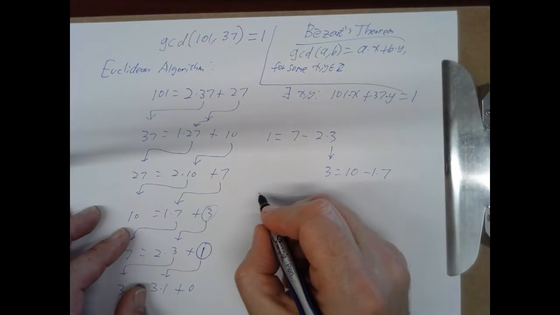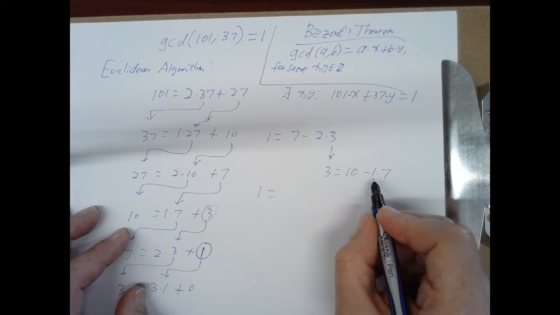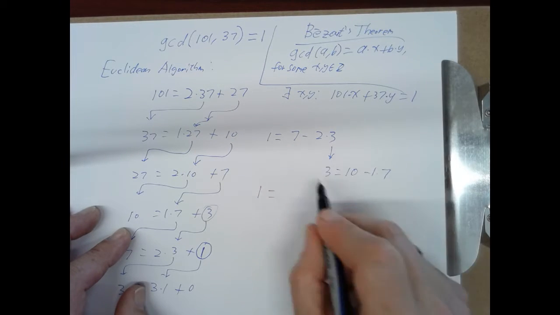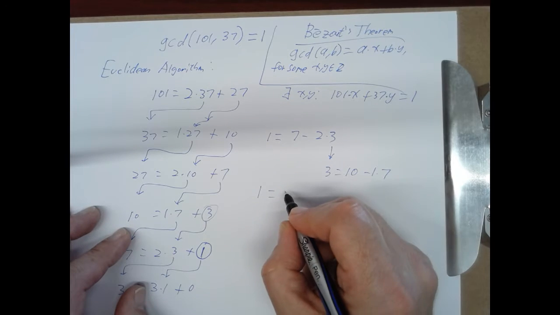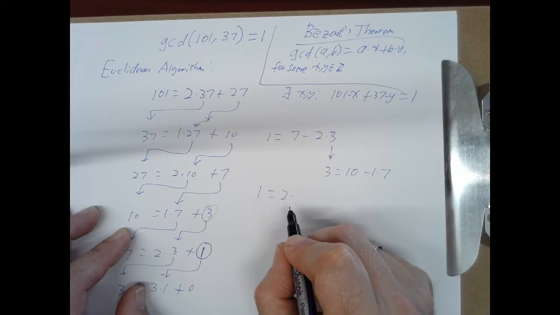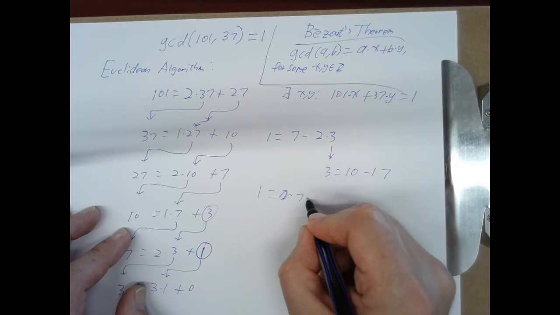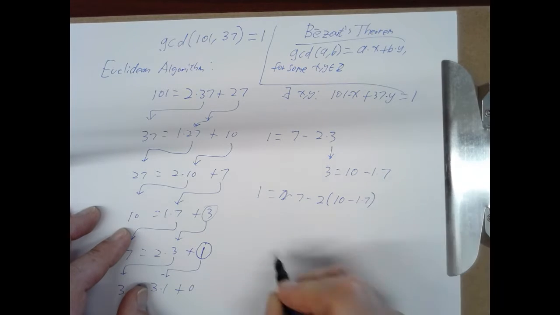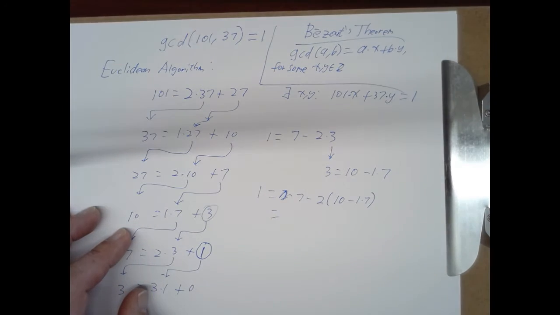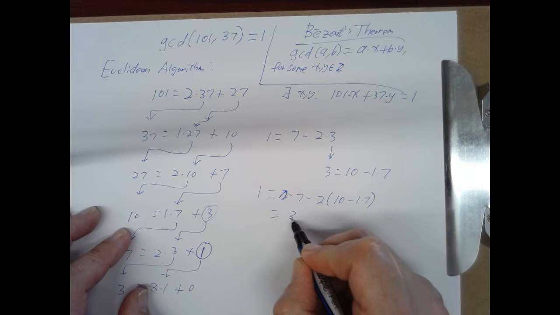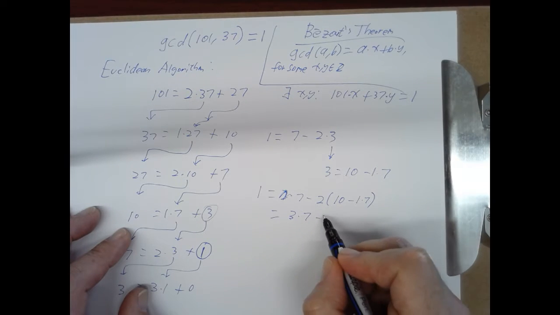And if we plug that in, now we've got 1 equals 7 minus 2 times (10 minus 1 times 7). So that's 7 plus 2 times 7, that's 3 times 7, and then minus 2 times 10.